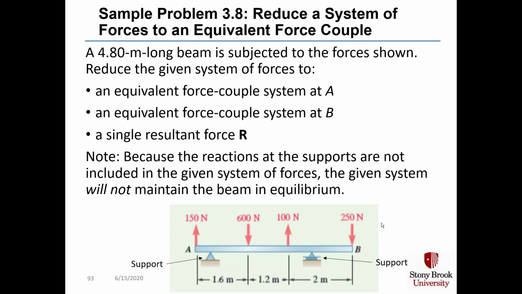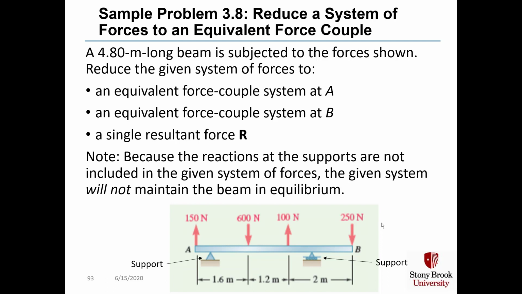Here's an example of how to reduce a system of forces to an equivalent force couple and then move the force couple. A 4.8 meter long beam is subject to the forces shown at the bottom. So there's four forces. There's 150 newtons and 100 newtons act up, 600 newtons and 250 newtons act down.